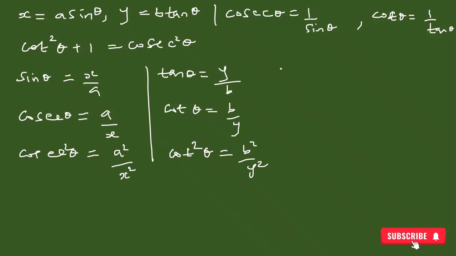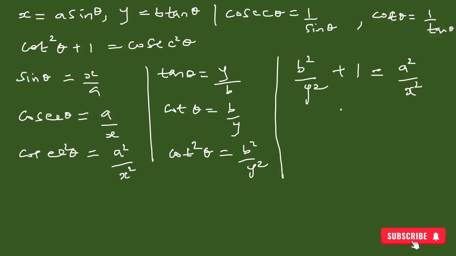So if we substitute in our identity, cot squared theta plus 1 equals cosec squared theta, our cot squared is b squared over y squared plus 1. This is equal to cosec squared theta, which we got as a squared over x squared.